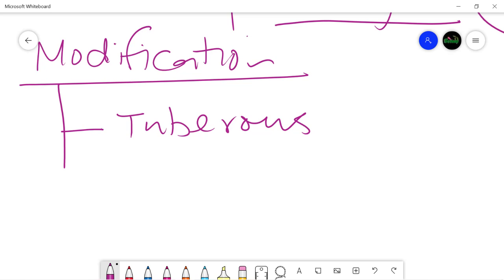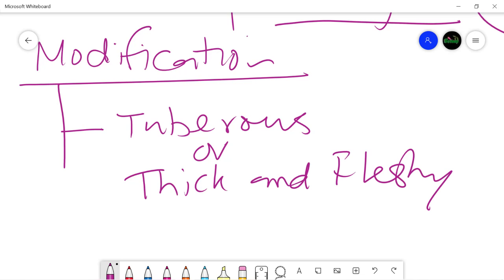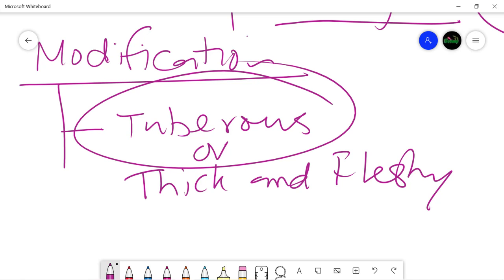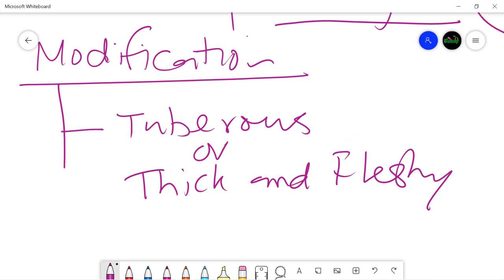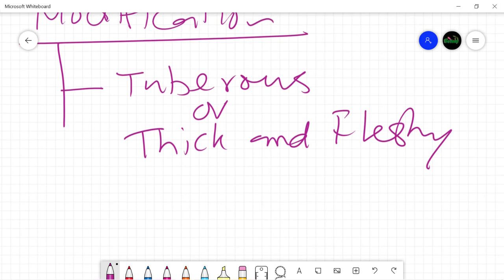So one of the modifications is that the root becomes tuberous or thick and fleshy, and then they assume various shapes which have been discussed already in the previous videos.